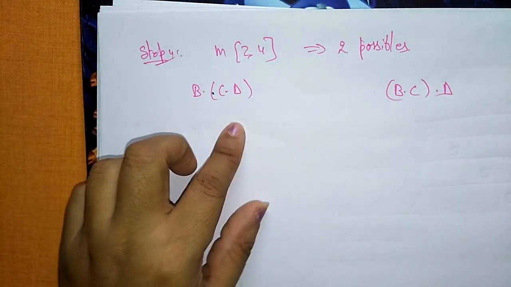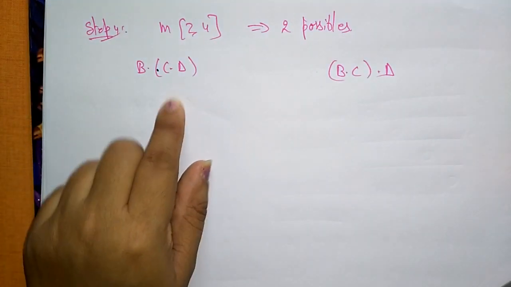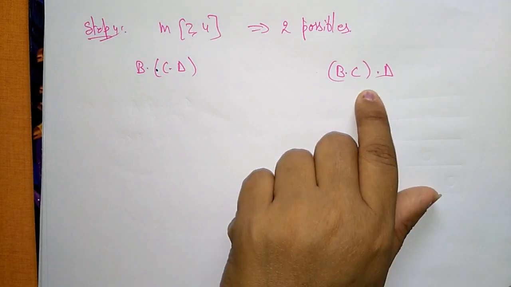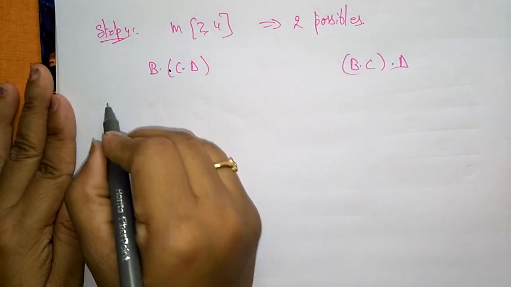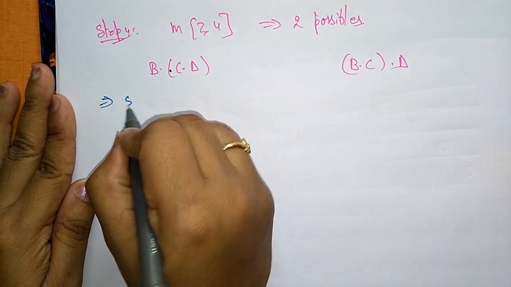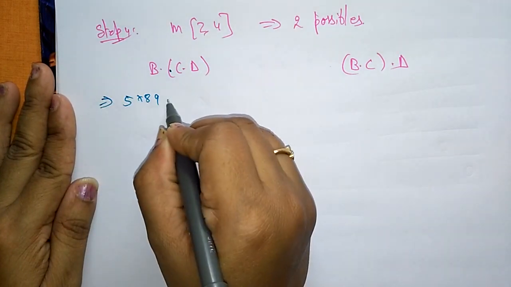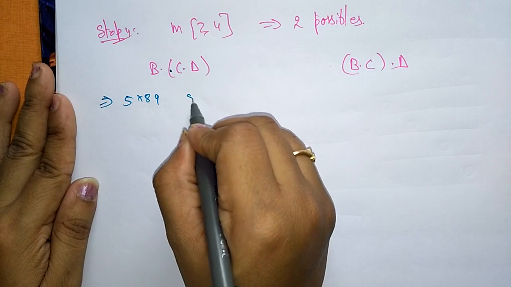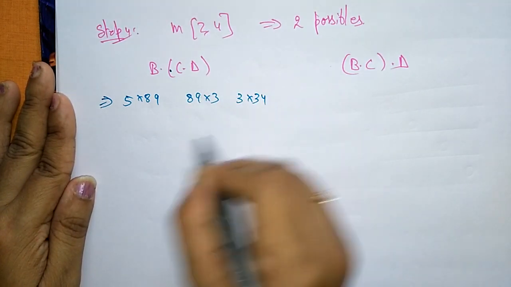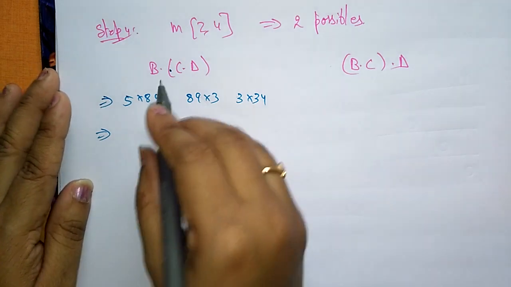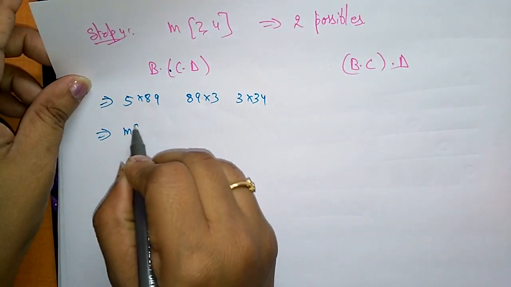But when you take this sequence, what is the cost of multiplying and what is the sequence for this cost of multiplying? Now let us take this. B means 5 by 89, C means 89 by 3 and D means 3 by 34. So from this, B is already there, that is M of 2, 2.